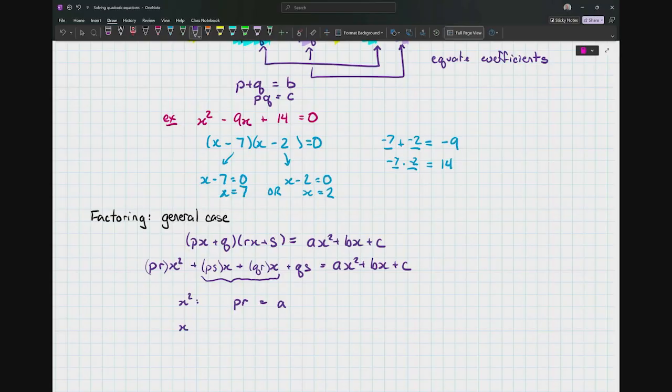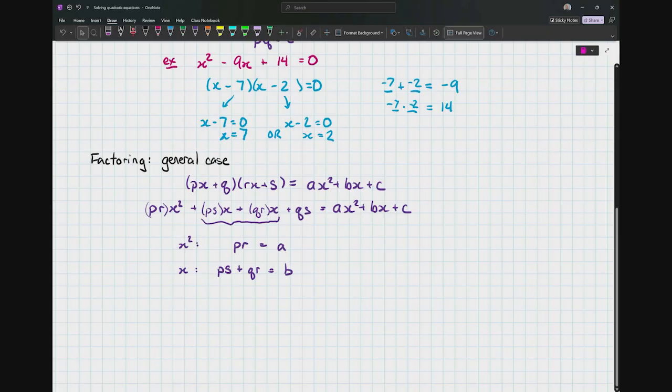Looking at all of the x's, the coefficient on the left-hand side, when I combine them together, is the sum of ps and qr, and that has to be equal to b on the other side. Finally, we get to our constants. I'm just going to use c to represent the constant here. On the left-hand side, the only constant that has no x's is the value qs, and on the right-hand side our constant is c.